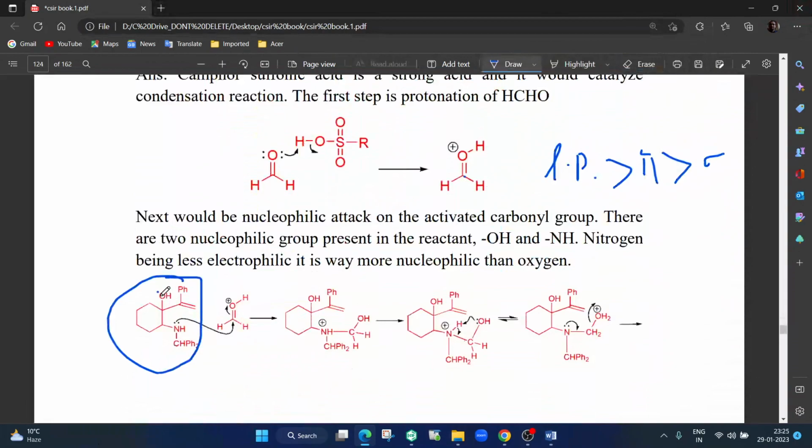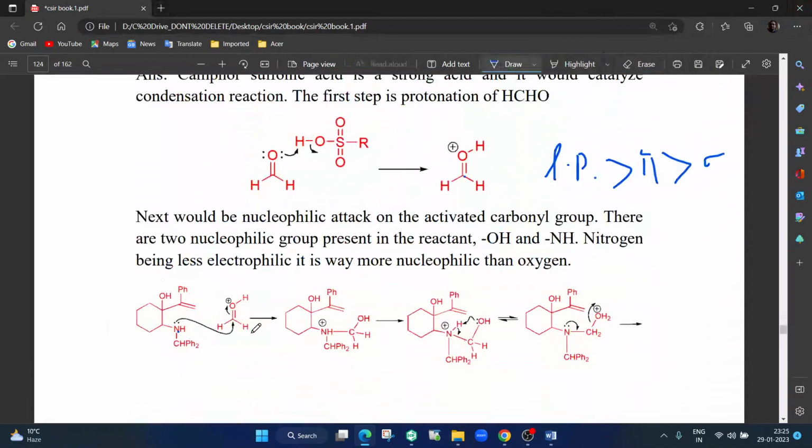Oxygen is more electronegative, that means it likes electrons, so electrons are more happy, so it is having lower energy, whereas nitrogen is less electronegative, so electrons are not very happy, so it is having higher energy. You can also think as oxygen is more electronegative, so it holds electrons closer towards itself, the lobe is smaller, whereas nitrogen, the lobe is much larger because it is less electronegative, so it's a much more powerful nucleophile.